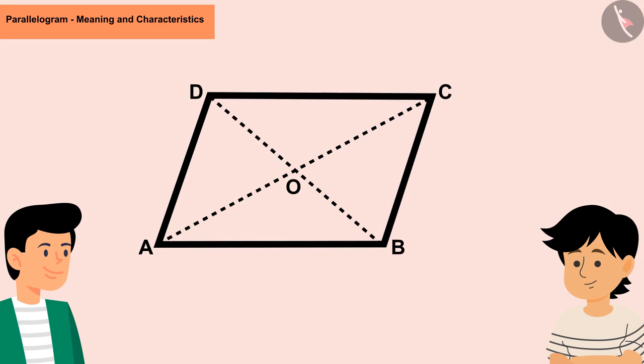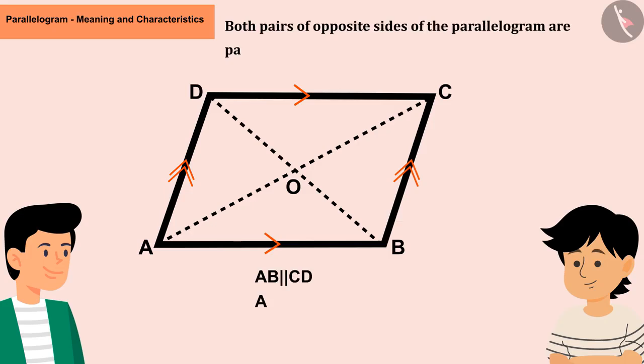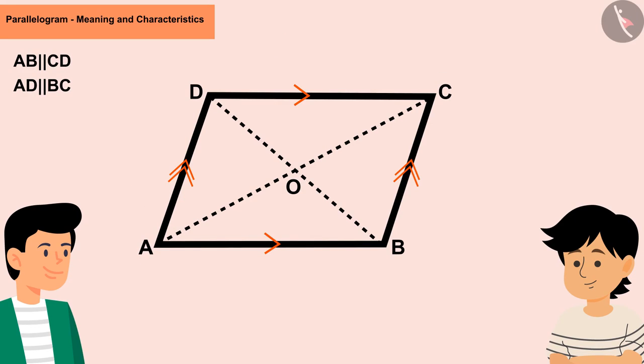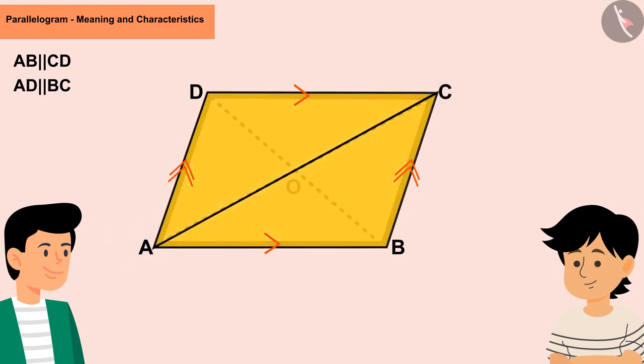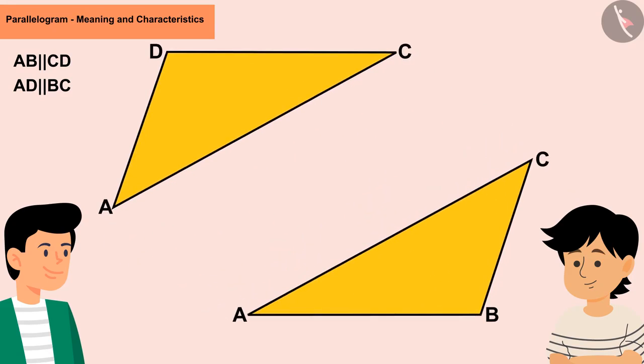Because this quadrilateral is composed of a pair of 2 parallel lines, the opposite sides of this quadrilateral will be parallel. Now, if we cut this quadrilateral with respect to the diagonal AC in this way, we get 2 triangles ABC and ADC.